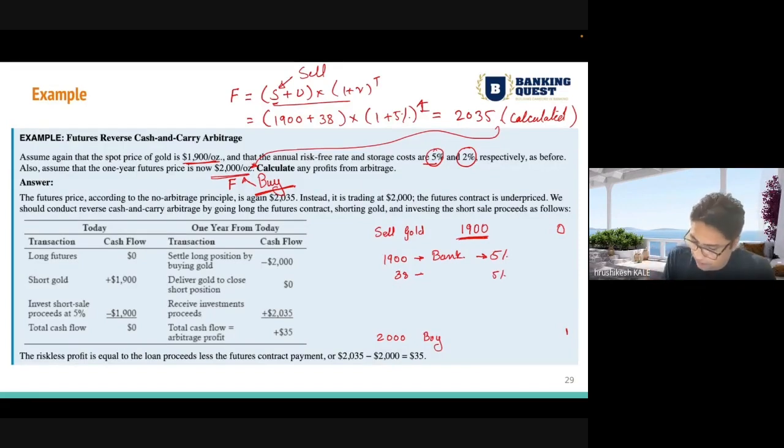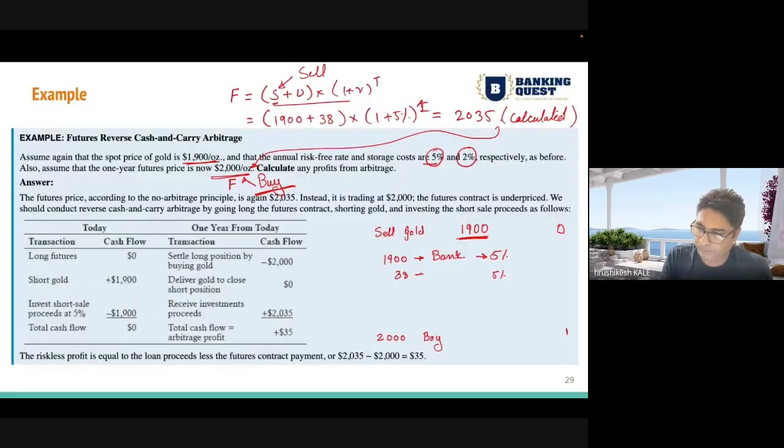So basically, after 1 year, what will happen? Let's see that. We will get interest on 1900 plus 38. That will be how much? 96.8. We will get 96.8 as interest.